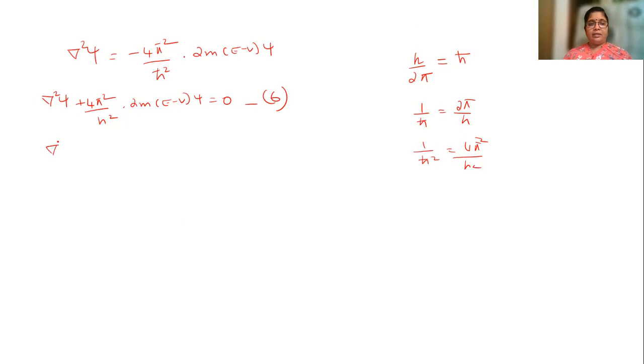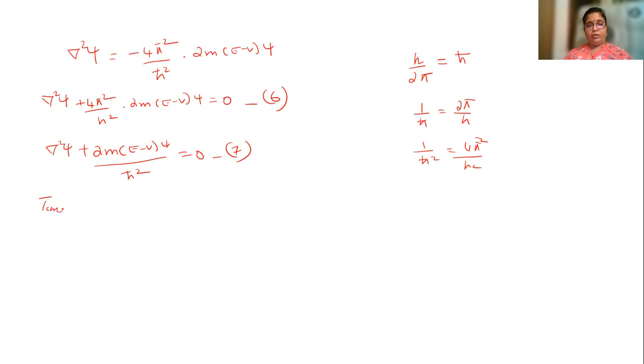So this can be written as del square psi plus 2m(E minus V) into psi by h cross square is equal to 0, which can be our equation 7. Both are the same. I'm just replacing 4 pi square by h square with 1 by h cross square. Otherwise, both are the same. So they represent Schrodinger's time independent wave equation.